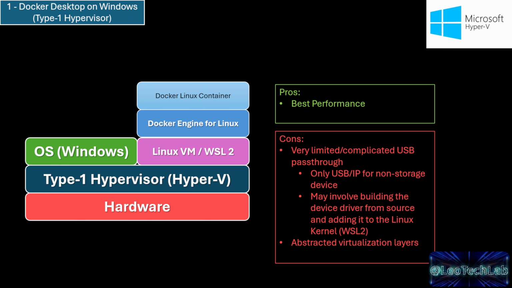There are more complicated workarounds that use USB over IP, but with a loss of performance and extra complications, such as having to compile the driver for my devices directly from the source code and manually adding them to the Linux kernel. In short, too complicated for the benefit it brings, in my opinion, which made me rule out this option. As such, I had to make the switch to option 2.